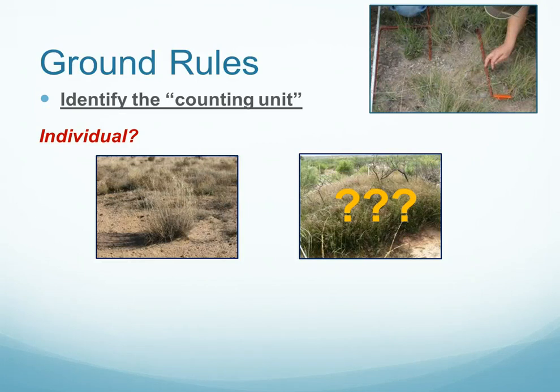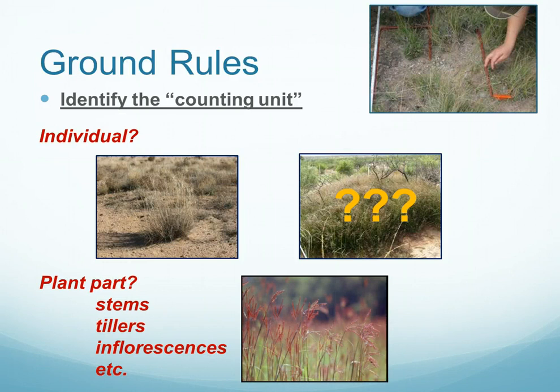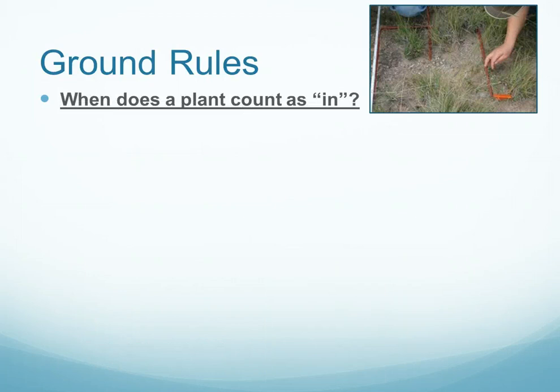This is true for plants that are clonal or that reproduce vegetatively below or above ground, or for plants that are very closely spaced together. It may not be necessary, depending on what your management objectives are, to identify the individual plant, and it may be sufficient simply to count the number of plant parts, such as stems, tillers, or inflorescences.